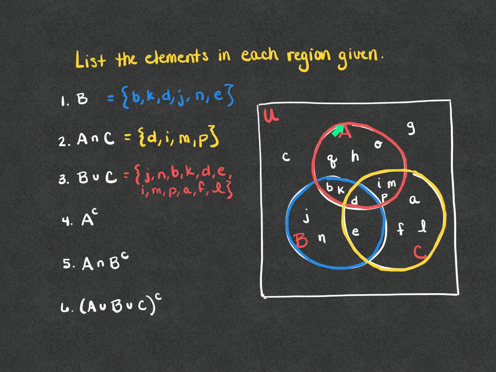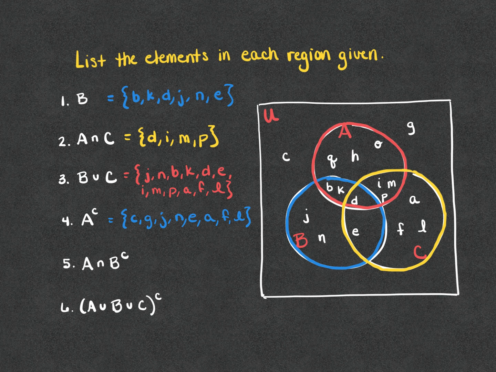We're going to look for everything outside, and notice that does include the elements C and G. So making a list of all of those elements outside of set A, we have C and G, as well as J, N, E, A, F, and L.